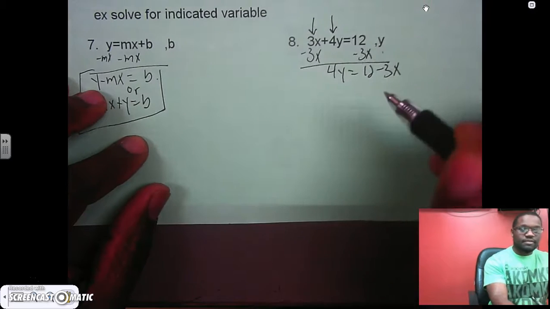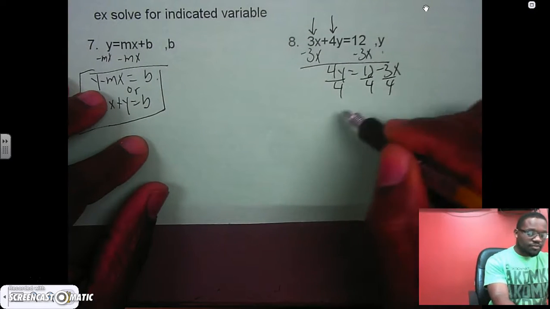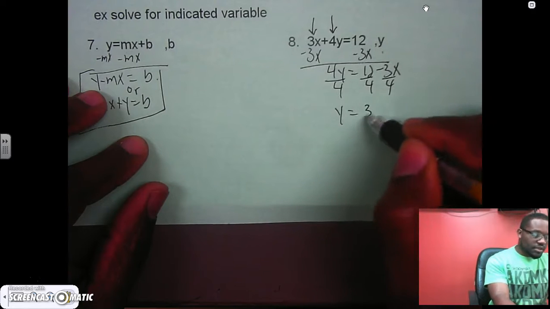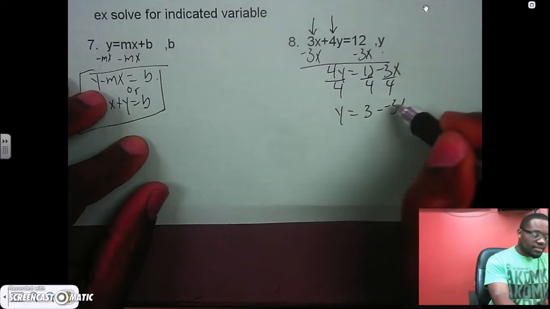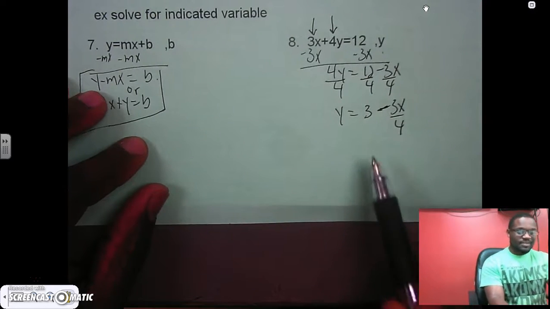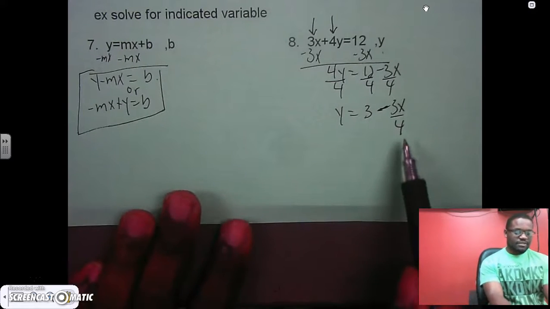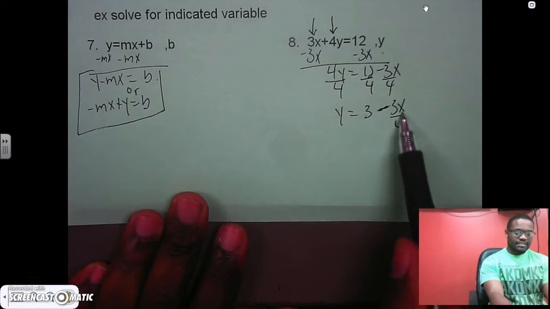I can leave it like that if I want. Now I have to divide everything by 4. So y equals 3 minus, not double minus. So it should be, that's 1 minus right there. Now, notice I didn't change that to a decimal or anything. I kept it just like that.